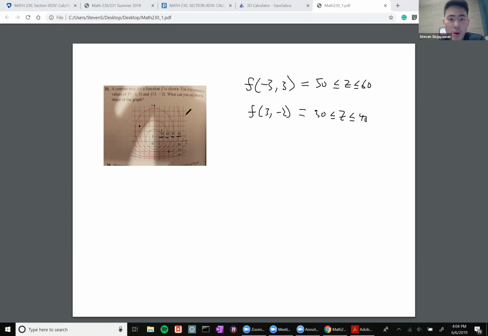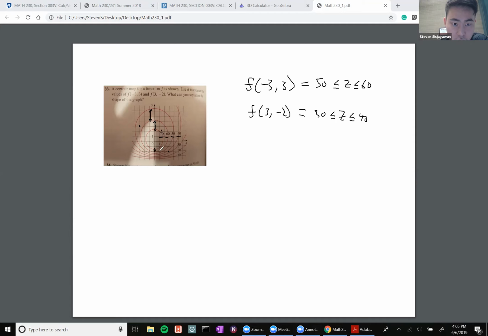Now, more importantly, what can we say about the shape of this graph? What I usually look at is the distance between these curves. As you approach a greater value of y, these curves expand a lot farther, so the gaps are farther. This gap right here, in comparison to that gap right here, is pretty far compared to the gaps underneath the x-axis.